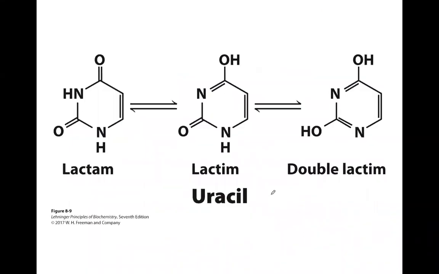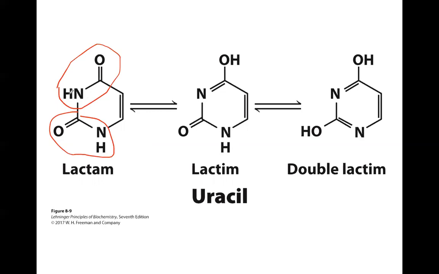All right. So with nitrogenous bases, we have for example uracil. You can have the lactam form, where a lactam, remember, is a cyclic amide. You have one amide, this amide, and this amide, so it's a bis-lactam form.